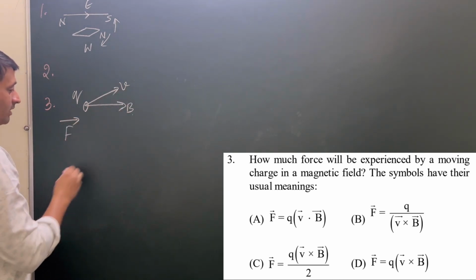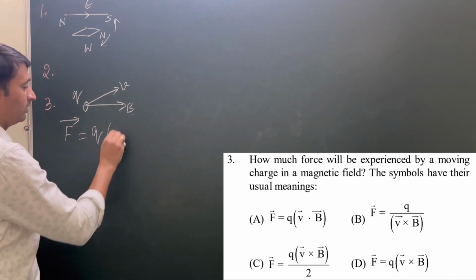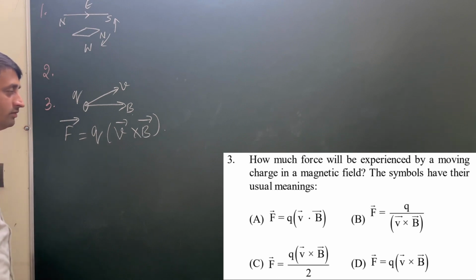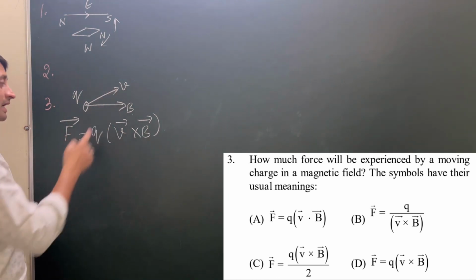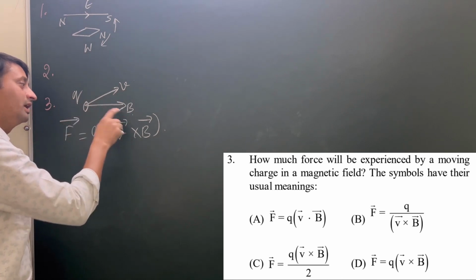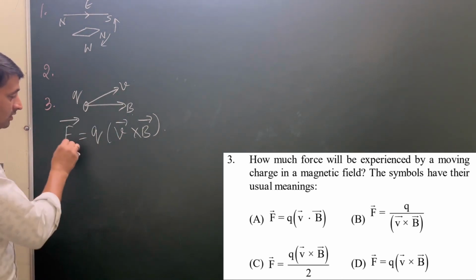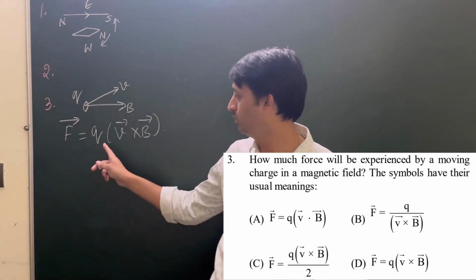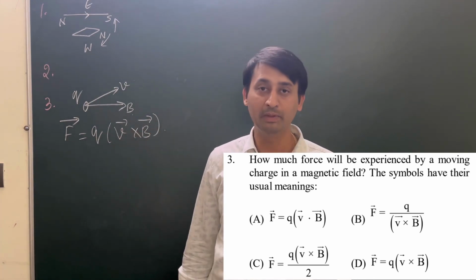That force is given by vector F is equal to q into vector v cross vector B. This force is called the magnetic force experienced by the charged particle moving in a magnetic field. Here option D is the correct answer: vector F is equal to q into vector v cross vector B.